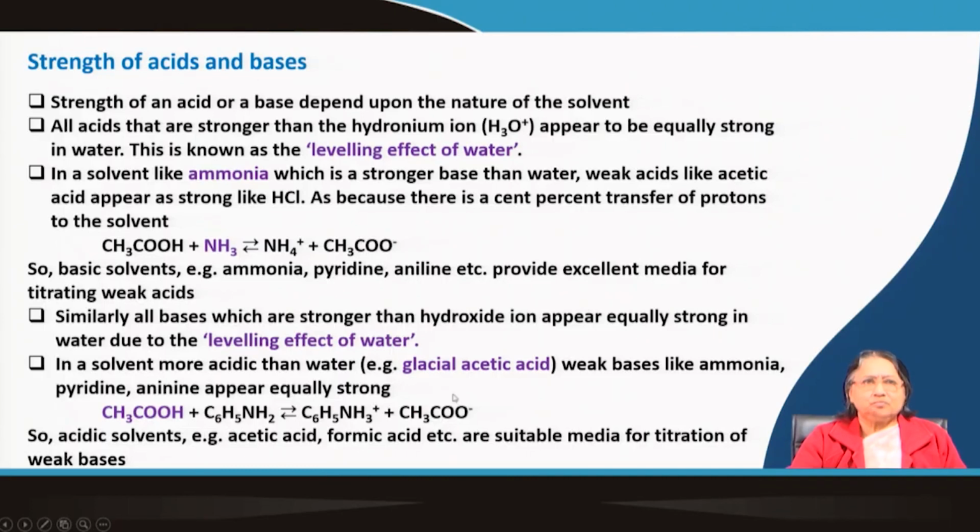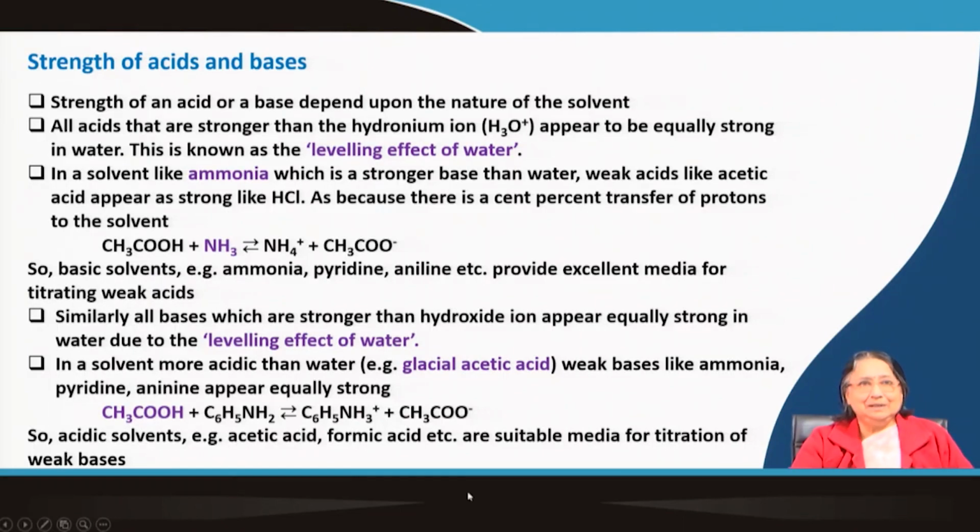So, this tells that the strengths of acids and bases depend on the solvent. Acidic solvents like acetic acid, formic acid etc. are suitable media, and this is the application part. I will tell you later how titration between different types of acids and bases can be done and what indicator should be used.